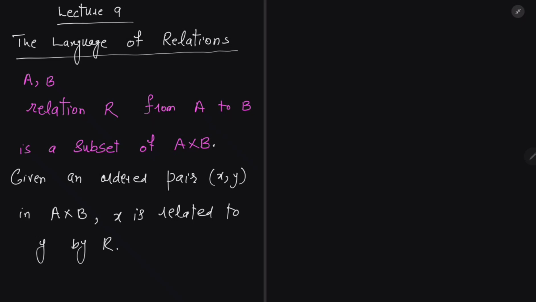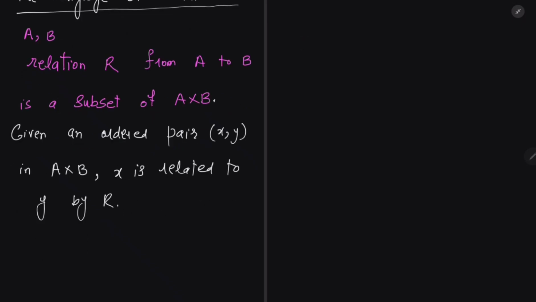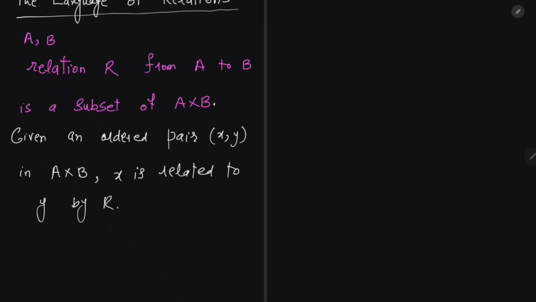Symbolically we can write this as x R y. So it is a kind of ordered pair, but it is a subset of that Cartesian product.